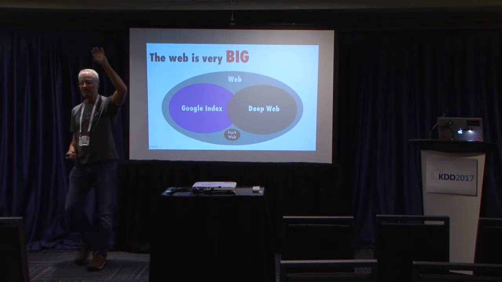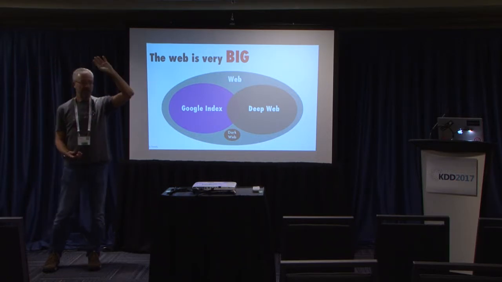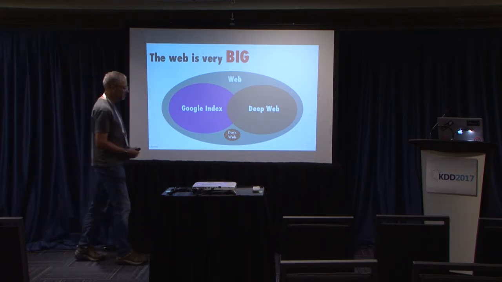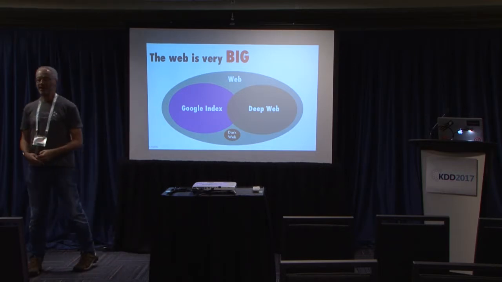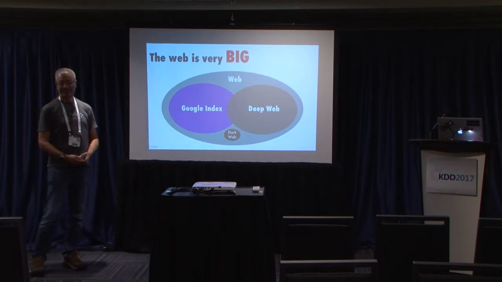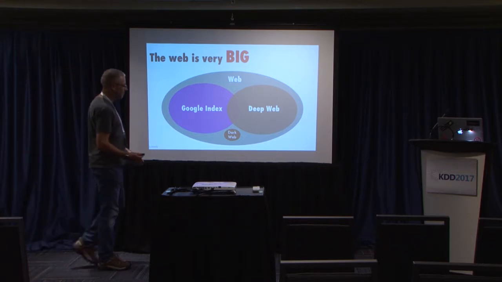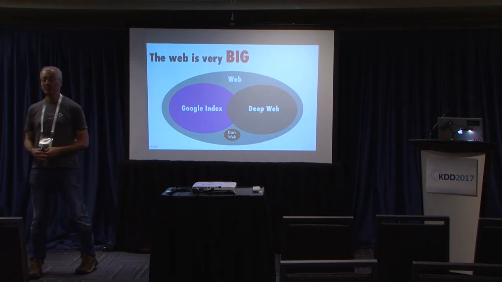Who knows what the dark web is? Yeah, okay, a few people, so I'll give a few sentences. The dark web is basically a web that's not connected to our regular IP addresses, and it doesn't have DNS. So it uses a different protocol, the onion protocol, for example.